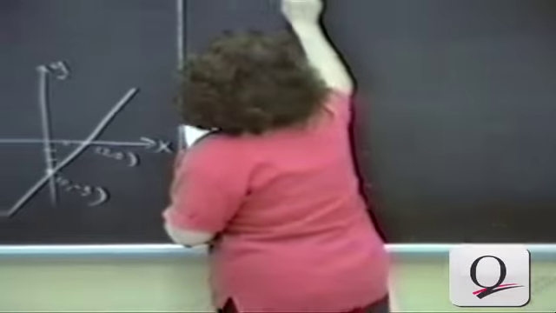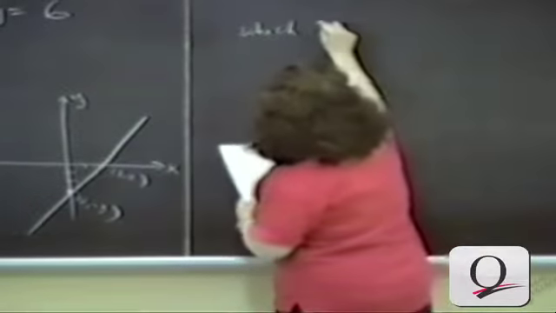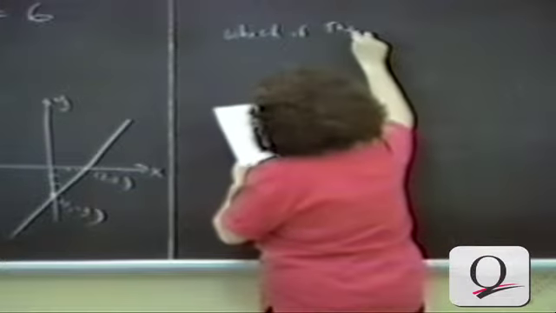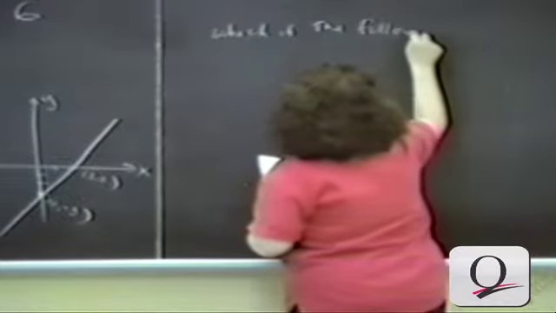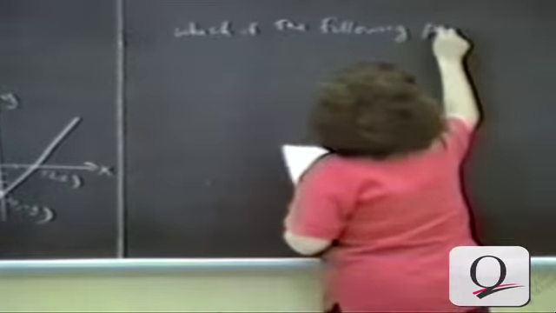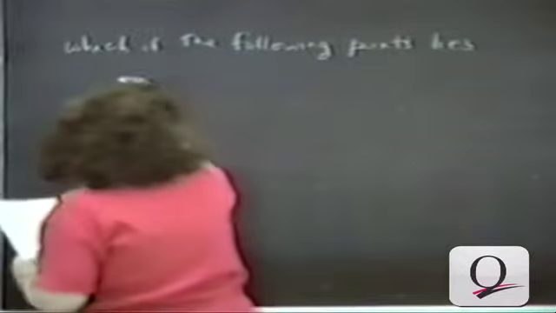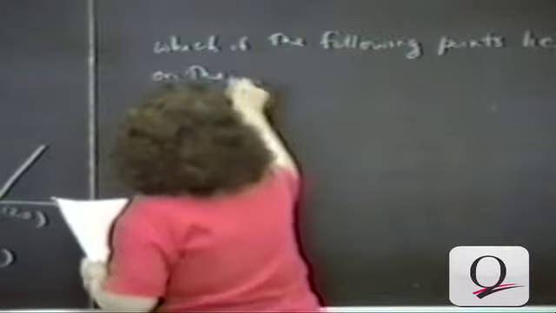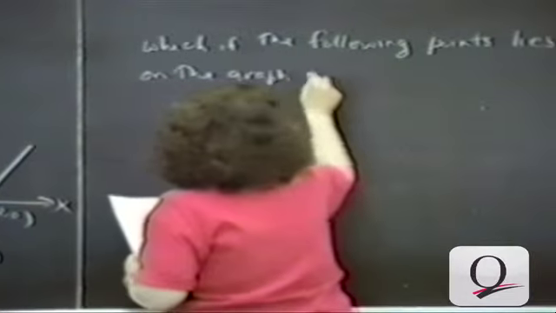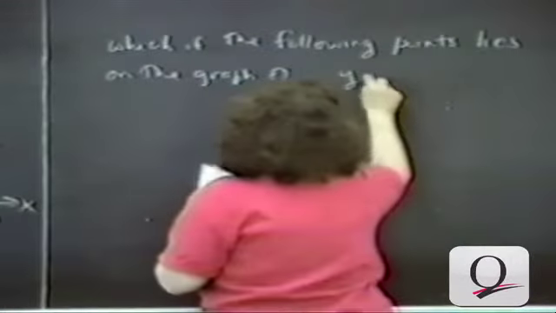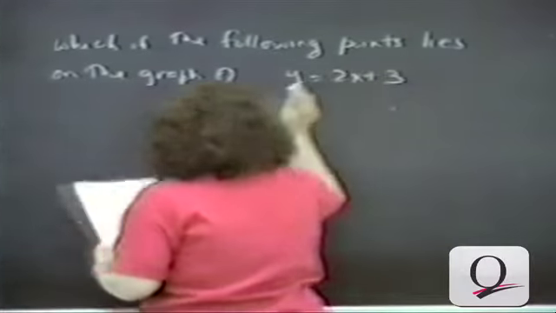Which of the following points lies on the graph of y equals 2x plus 3?